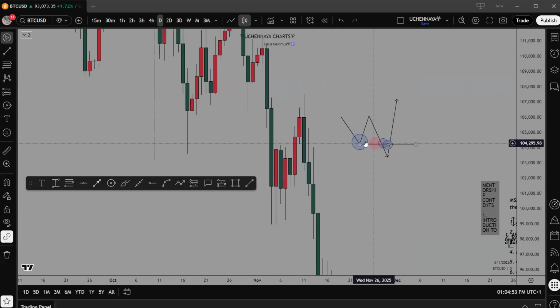It becomes a new support. This is the level we are talking about. So this makes for your bullish QML, bullish left shoulder. If price comes back, you just tap into this level and then you buy.